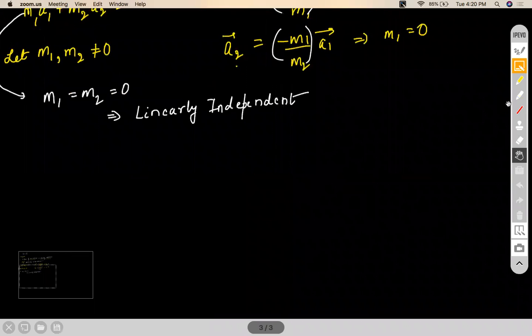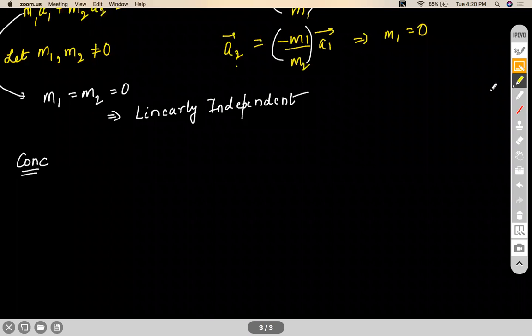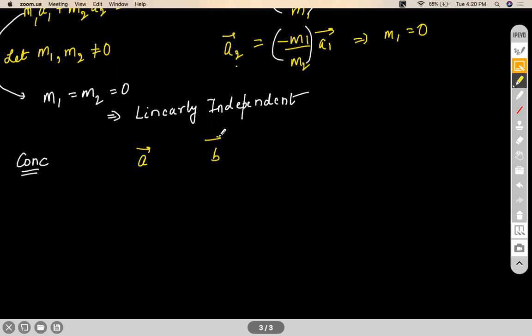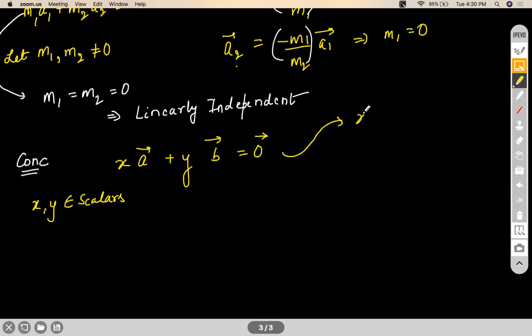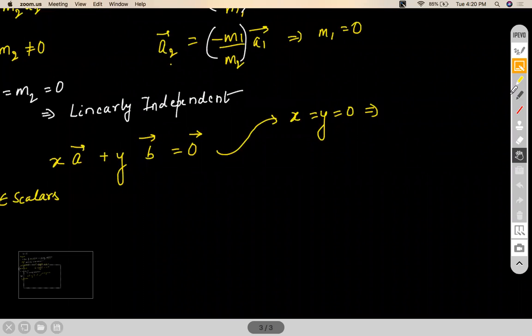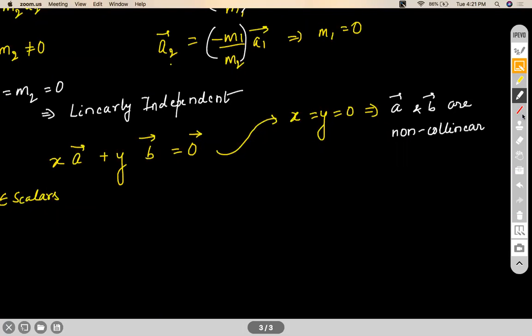So please remember, the conclusion is, if you express a linear combination of these two vectors as a null vector, where x and y are scalars, and if it results in x and y both being 0, then you can safely conclude that A and B are non-collinear. So this is used as a test for non-collinearity of two vectors.